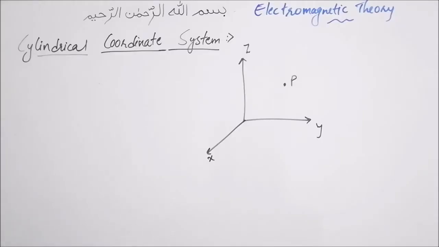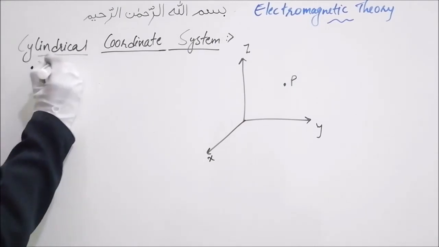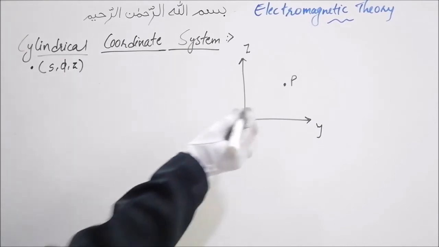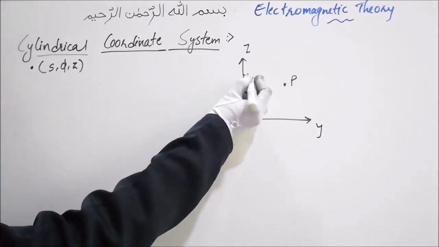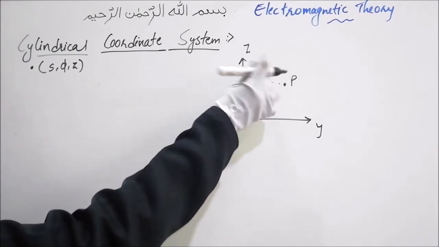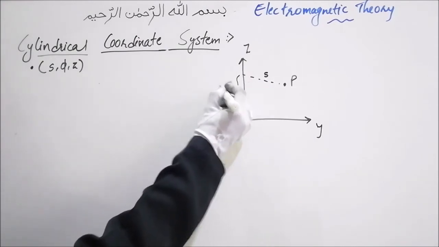Third, we are going to look into the cylindrical coordinate system. Now the same point P, which was labeled as x, y, z in Cartesian coordinates, in cylindrical coordinates can be written as s, phi and z, where s is the distance of point P from the z axis. This is s. This entire distance is z.